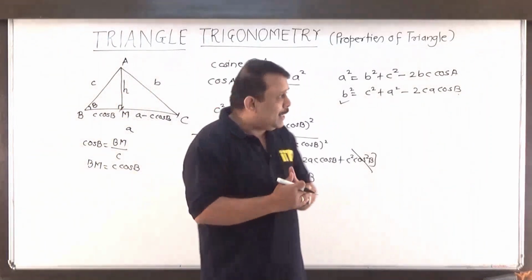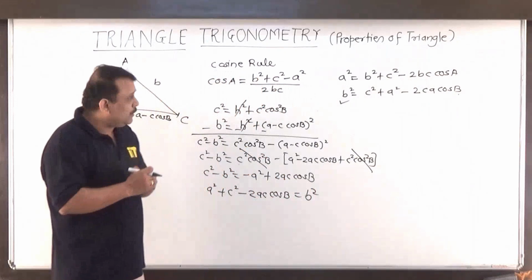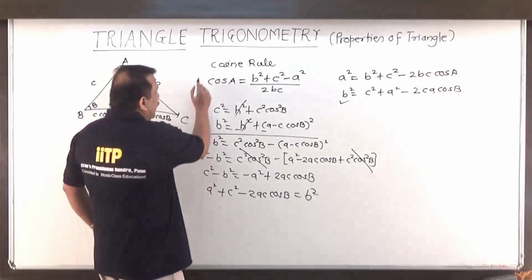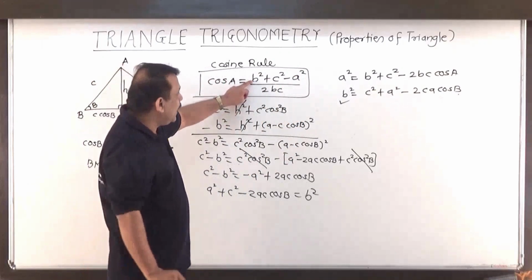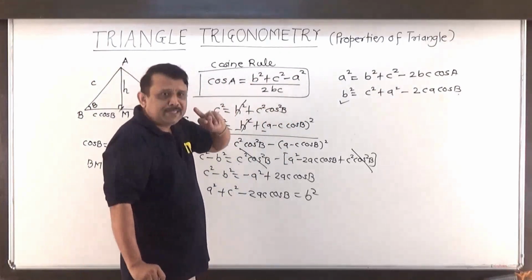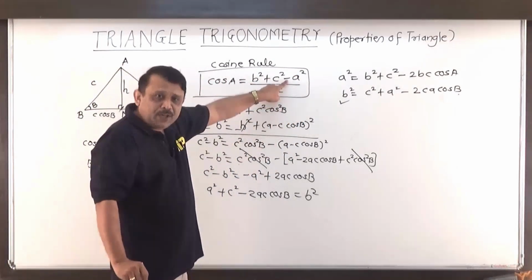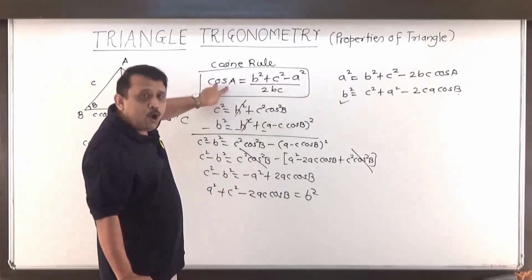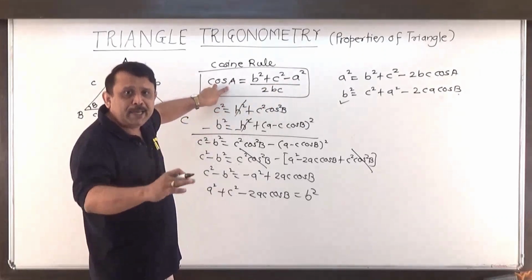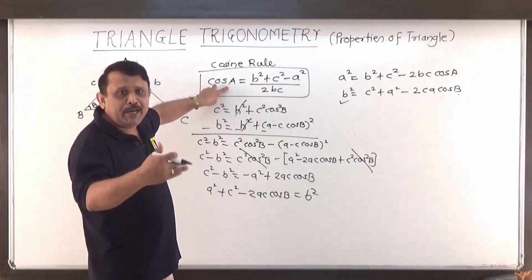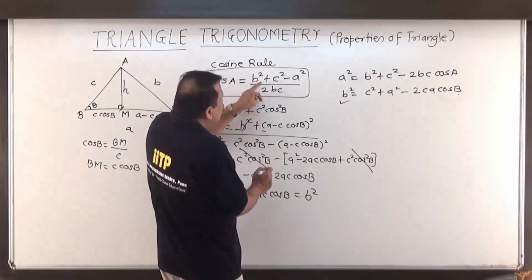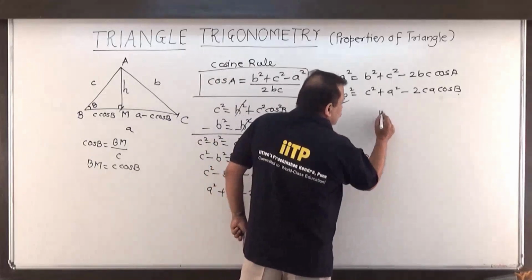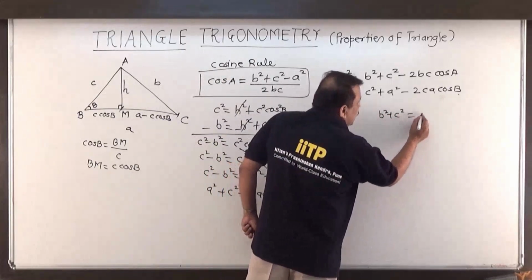So one can see one very important remark in this. If I box this as a cosine rule, and if I make three cases regarding b² + c² − a², because of this difference, I could have cos A either positive, negative or 0. Accordingly, let us discuss very quickly. b² + c² is equal to a².